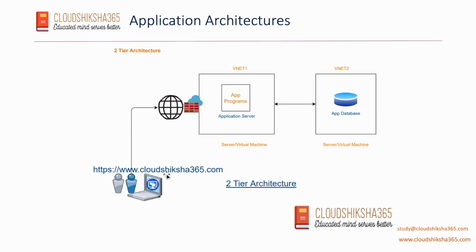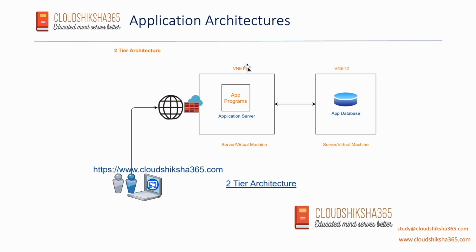So if someone is requesting, let's say, cloud365.com, this request first goes to the application tier by web tier, and then if there is any data stored in the database, that is communicated across the application server and application database.